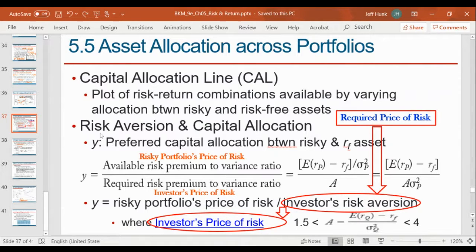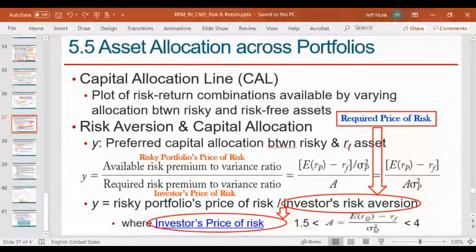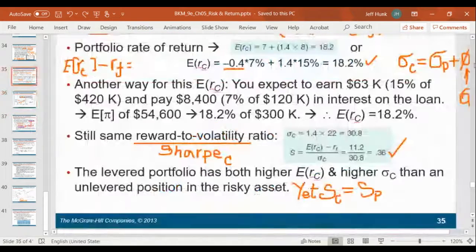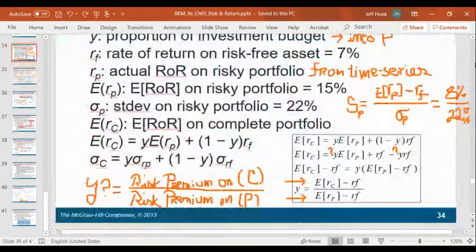And let's think about that in terms of risk aversion. The weight y that goes into the risky portfolio, we have already defined it.